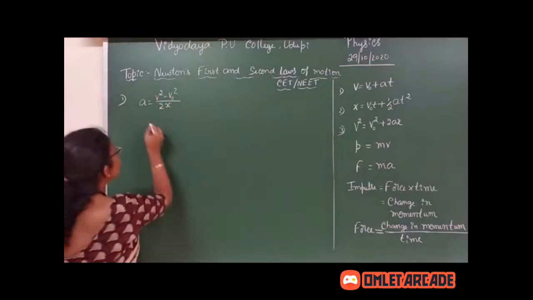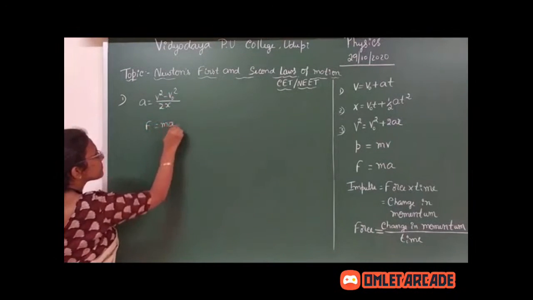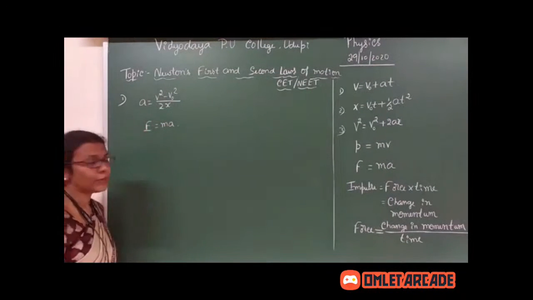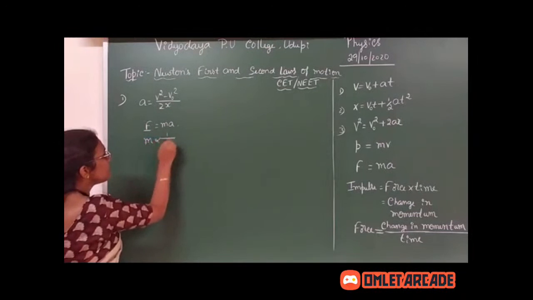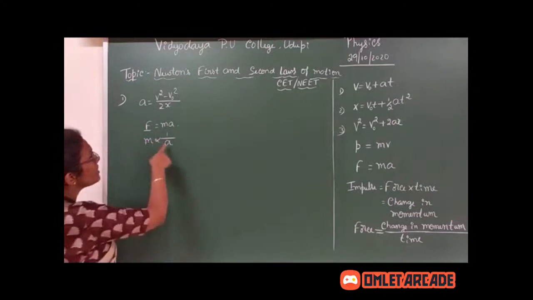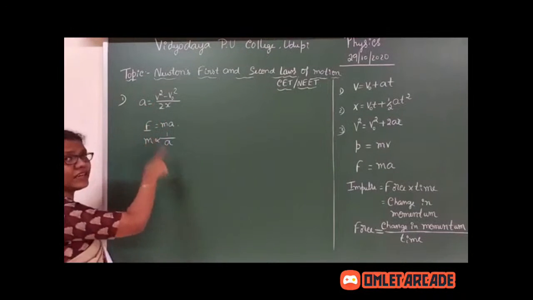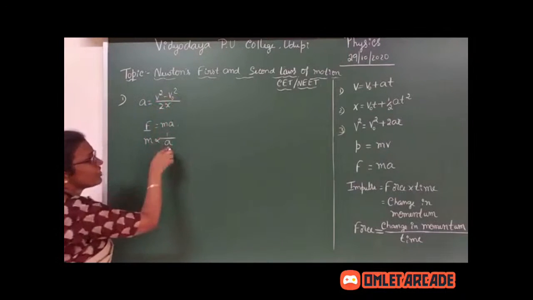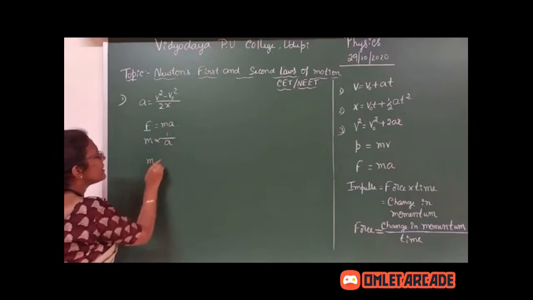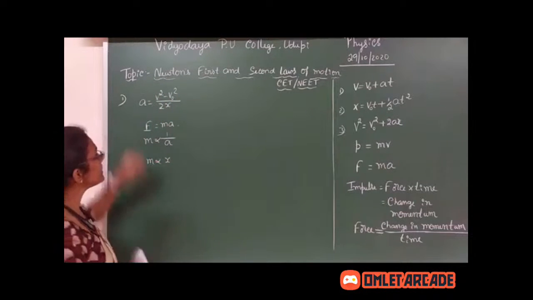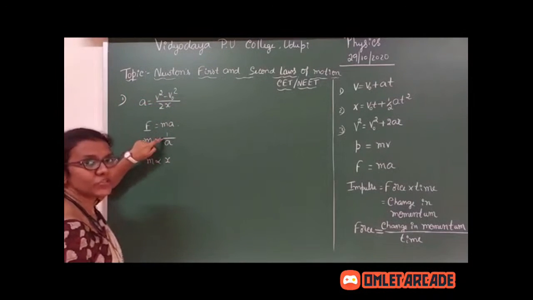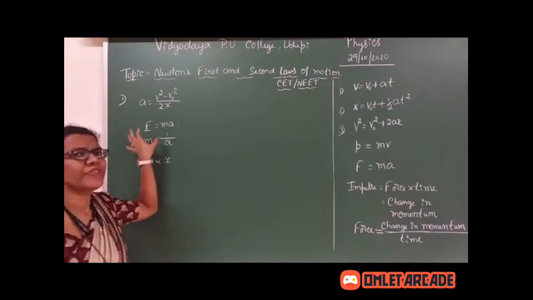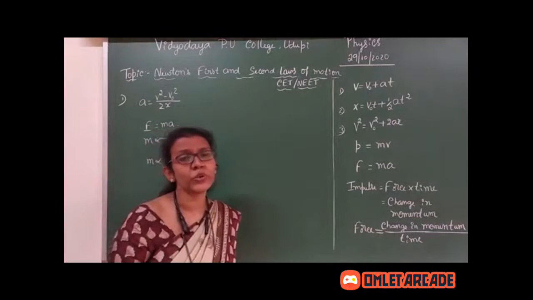We know that F equal to MA. Here the force is the same on both. That means M is inversely proportional to A. Now, A we can substitute here. We need the relationship between the mass and x. If we substitute this expression here, we get M proportional to x, isn't it? In the denominator we get V square minus V naught square by 2x, and 2x goes to the numerator. We need only the relation between M and x. So M is proportional to x.